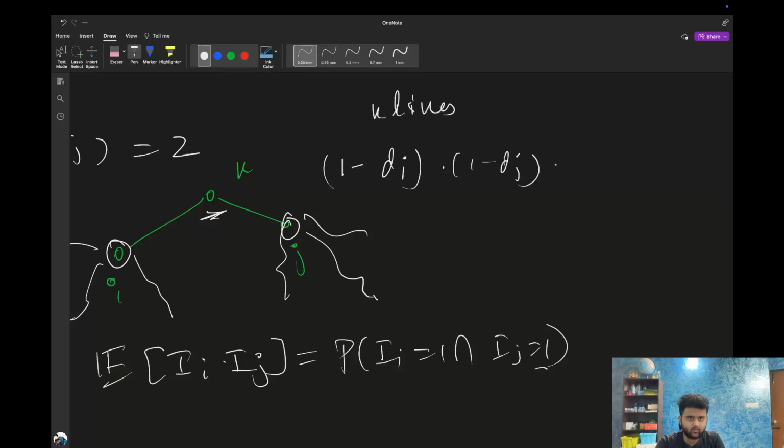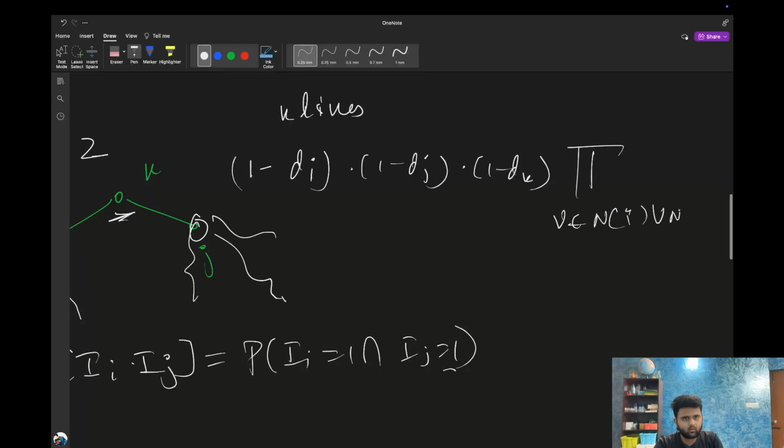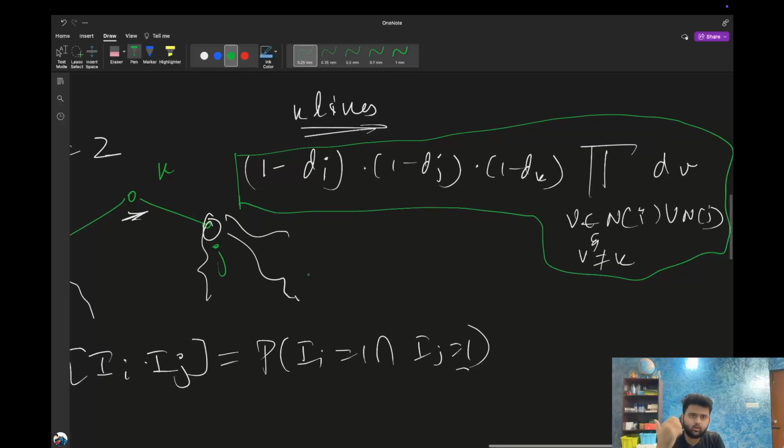Since K is living, every other neighbor should die. So for all V belonging to the neighborhood of I and J, and V is not equal to K, we have dV. So this is the probability of both of them being a leaf, assuming K lives. Now what if K dies?